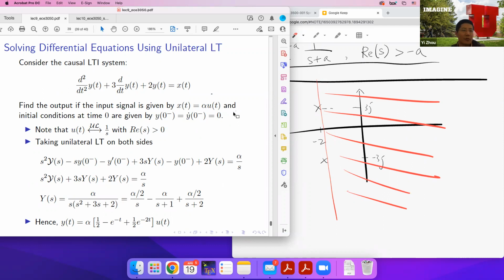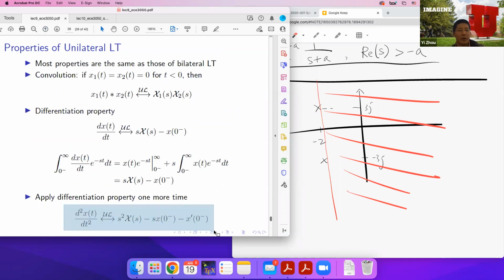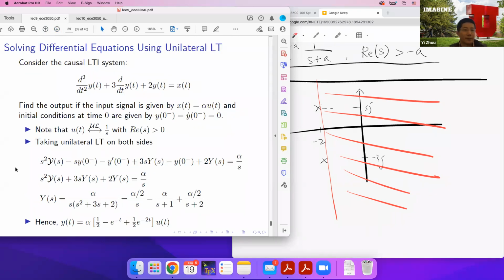To leverage these initial conditions, we can just take the unilateral transform, right? Because by taking the unilateral transform, these properties will naturally involve these initial conditions. So we just take the unilateral transform on both sides.